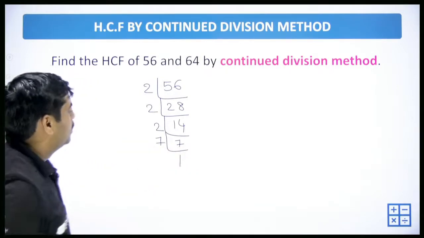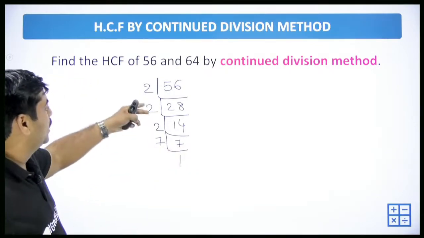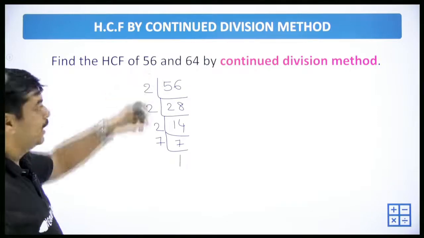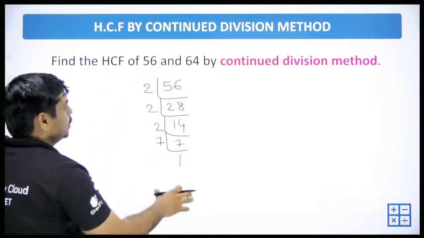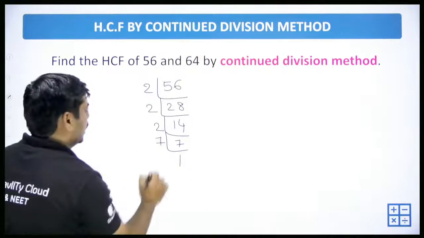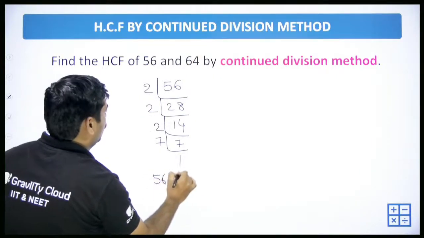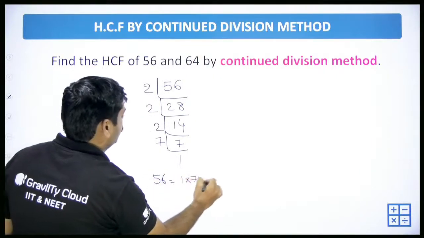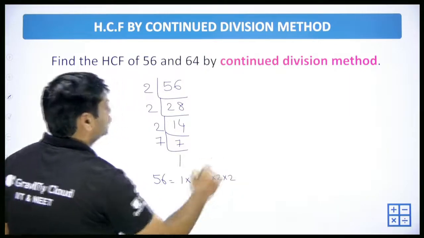Once again, 7 twos are 14, 14 twos are 28, 28 twos are 56. So using this long division method, this is called continued division, or you can say long division, I can write 56 as 1 into 7 into 2 into 2 into 2.